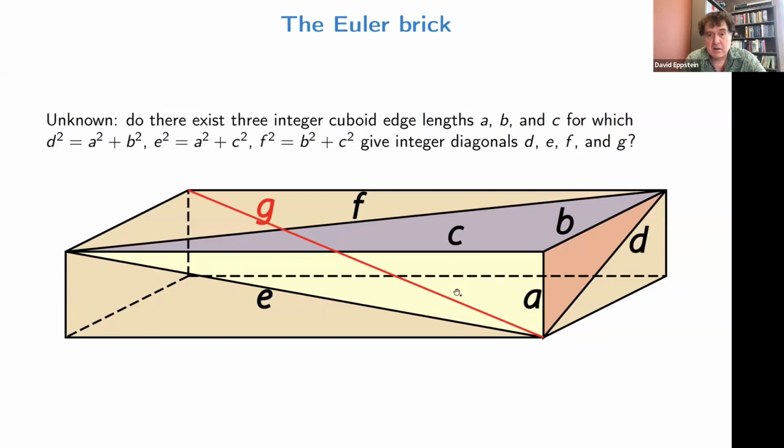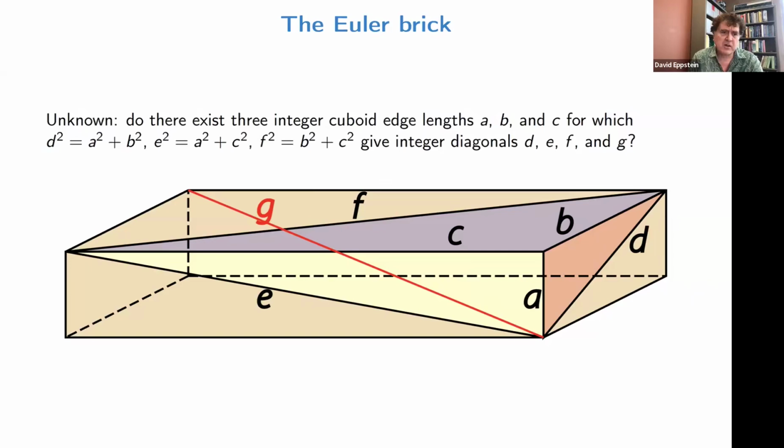You can make 6 of these 7 quantities be integers, but we don't know how to make all 7 of them integers. So that's a famous open problem.